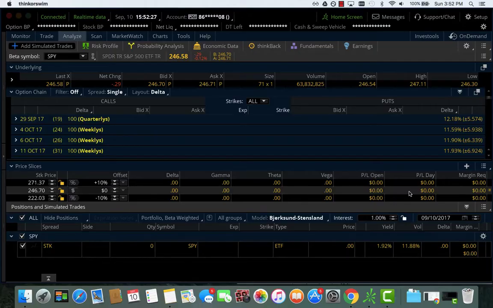And what that does is it allows you, and what I do is I beta weight every single one of my positions to SPY. So if I always, at any given time, want to have short 500 deltas of SPY, I can make trades in Apple, Facebook, Amazon, Netflix, Google, GE, USO, GLD, and together with all of those, I can, without even trading one share or one contract of SPY, come up with the SPY delta that I want.